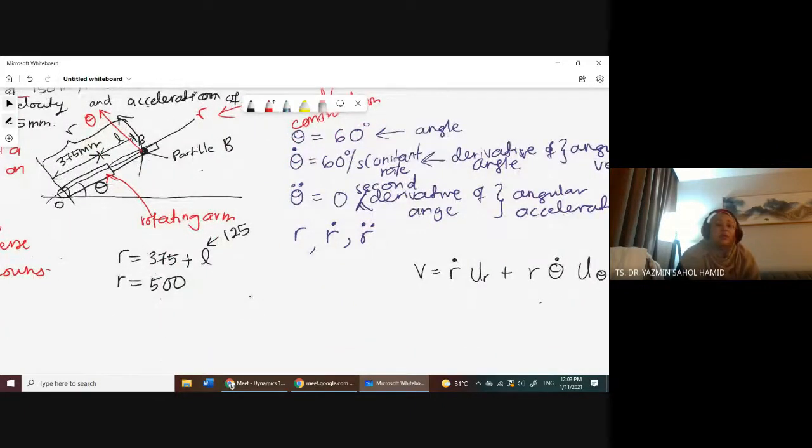So R is 500. And then your R dot is the rate. That rate is a constant rate, right? So it is the same, constant rate.